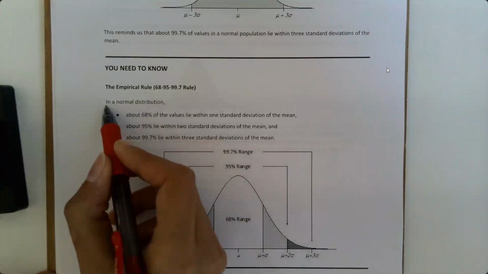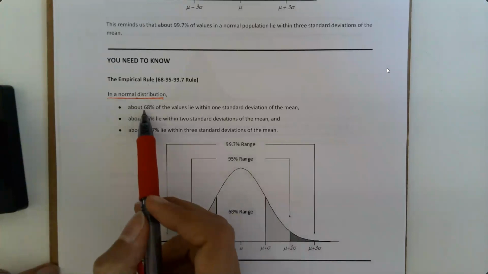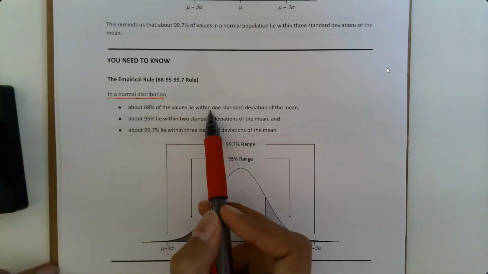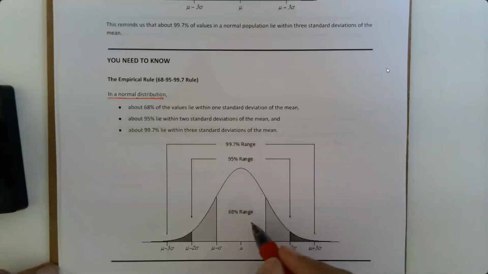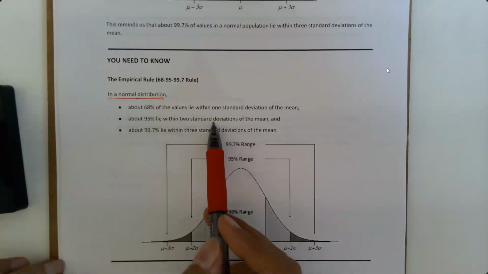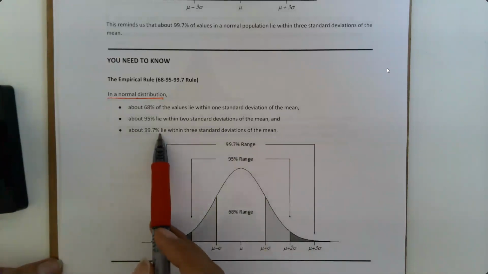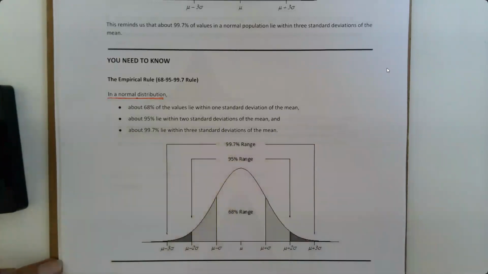So if you have any normal distribution, about 68% of the values lie within 1 standard deviation of the mean. 95% lie within 2 standard deviations of the mean, covering all of these data with frequencies, with probabilities, relative frequencies. And finally, 99.7% lie within 3 standard deviations of the mean. Covers almost everything.